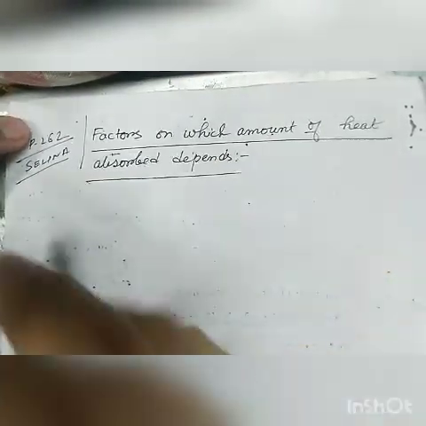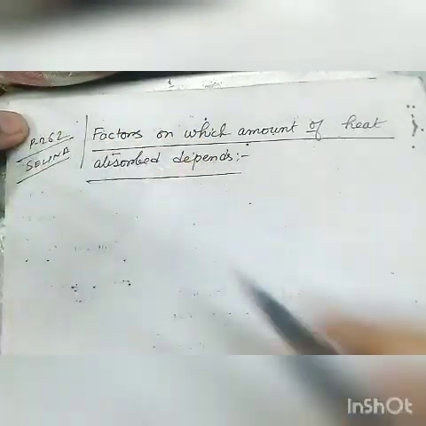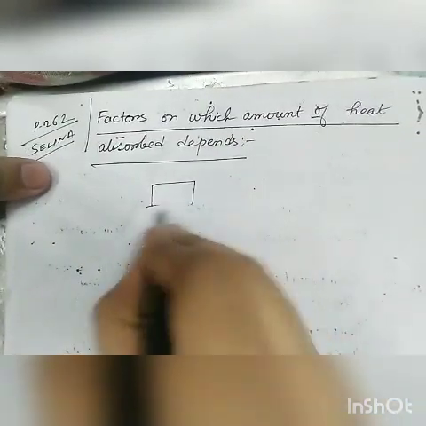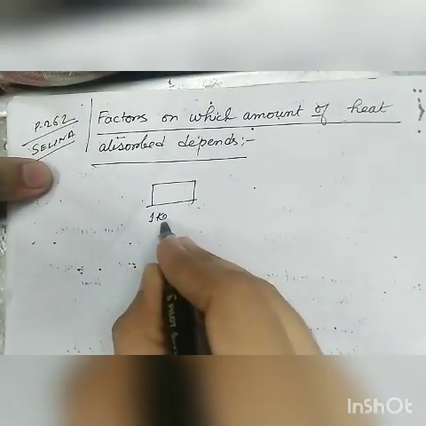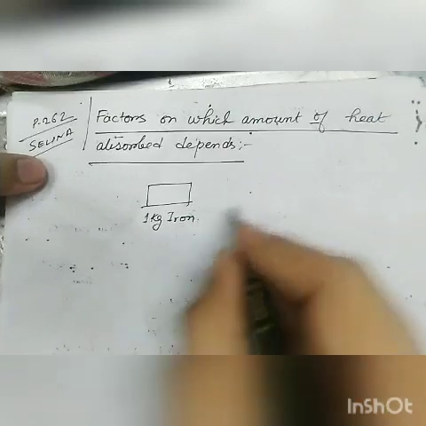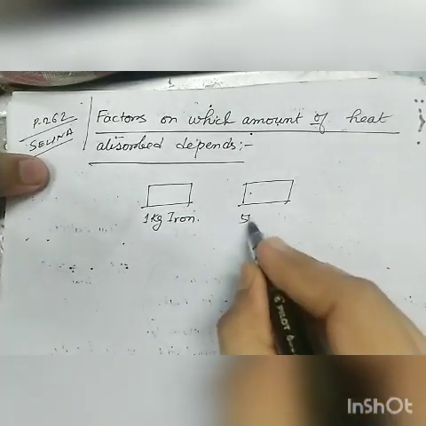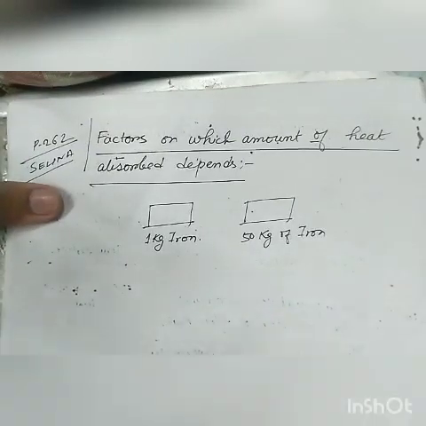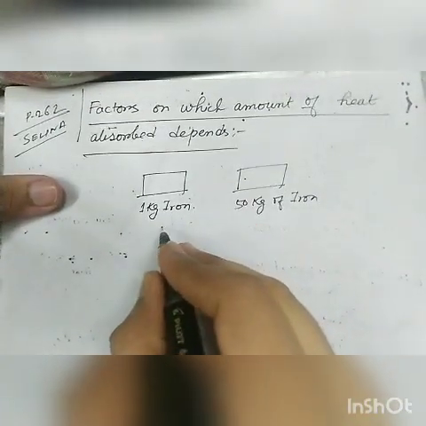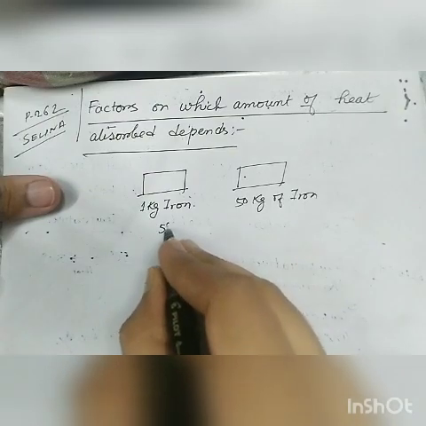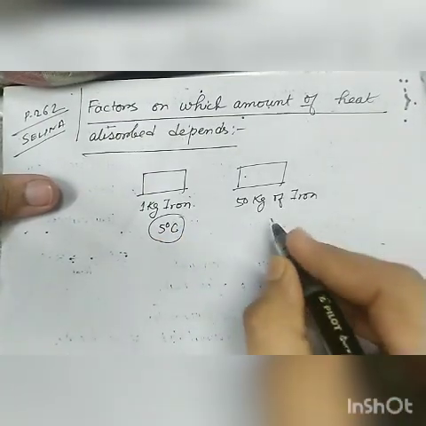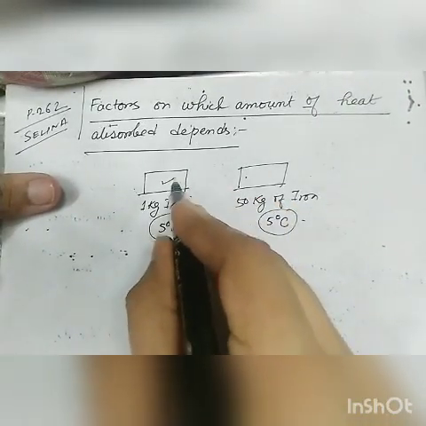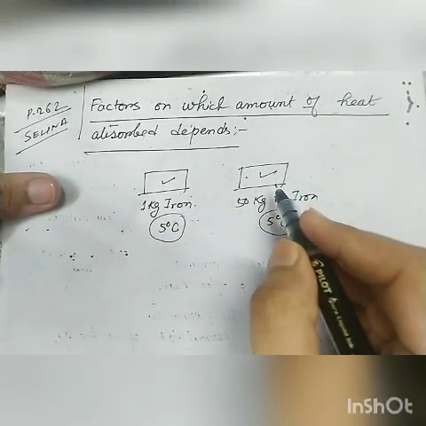Now, it is very common sense that if I have 1 kg of iron and 50 kgs of iron, and I try to heat them and increase the temperature of each by the same 5 degrees centigrade, will both objects take an equal amount of heat?